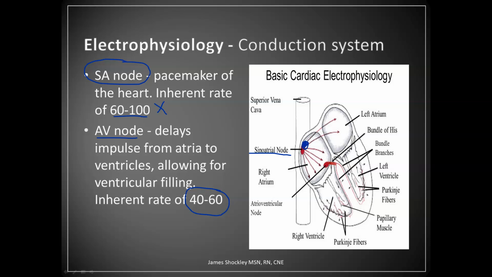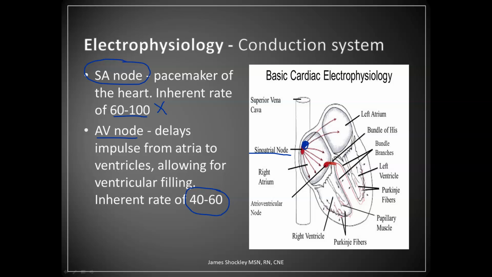All right. So from the SA to AV node, we know that we're going to maintain a normal cardiac output as close to reasonable as possible. But we're going to look at other factors inside of your heart so that if those two things were to fail, we can still have some sort of electrical activity.